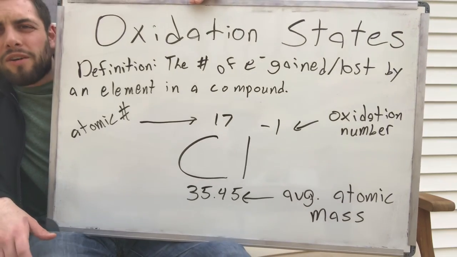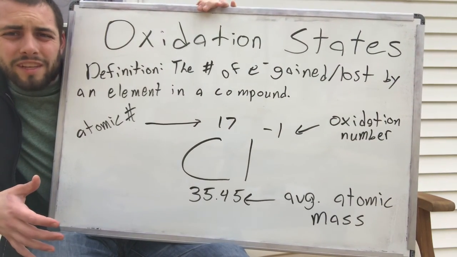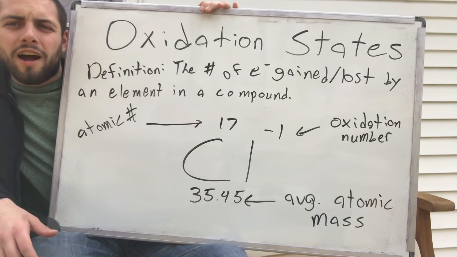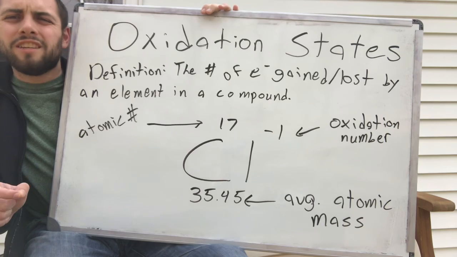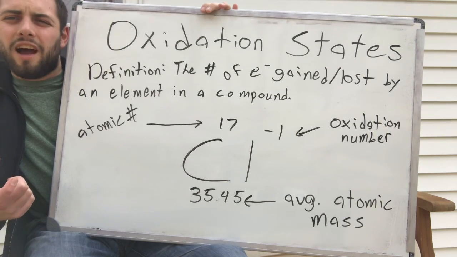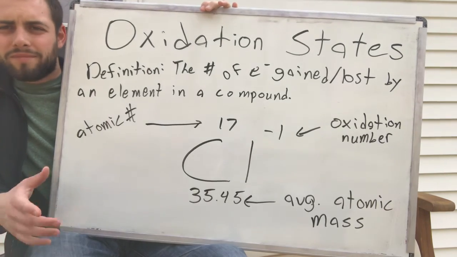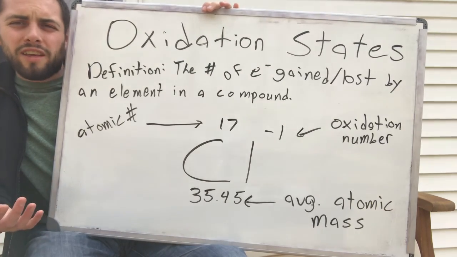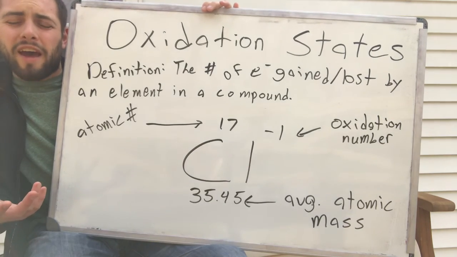So when we think about oxidation states, the oxidation state, or sometimes we say the oxidation number, is the number of electrons gained or lost by an element in a compound. A compound is a molecule that has 2 or more elements. An element is a type of atom.